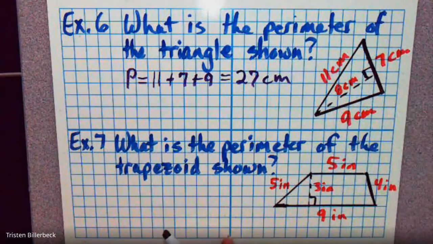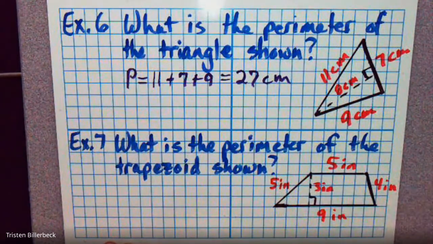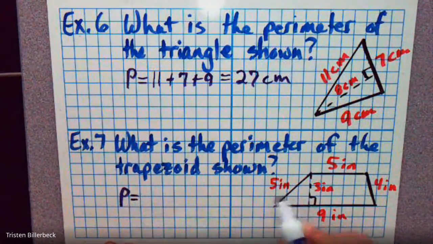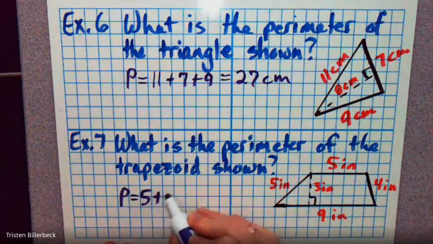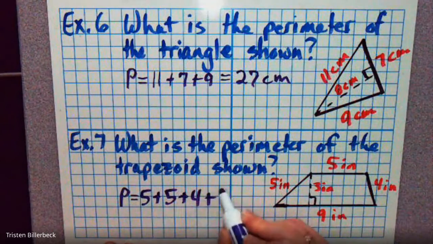All right, the last example I want to do is, what is the perimeter of the trapezoid shown? Okay, again, you only need the height when you're calculating area. So we just need the sides. So the perimeter equals, we have 5 plus 5 plus 4 plus 9.